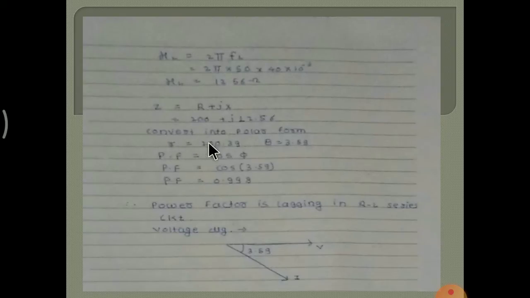Then convert into polar form. Z is equal to 200 plus J 12.56. This is the rectangular form. Then we have to convert it into polar form to find out the angle. In a scientific calculator, we can easily convert rectangular form into polar form.